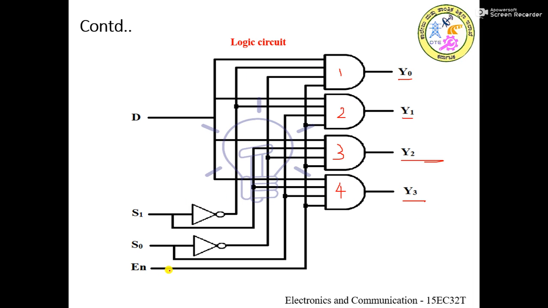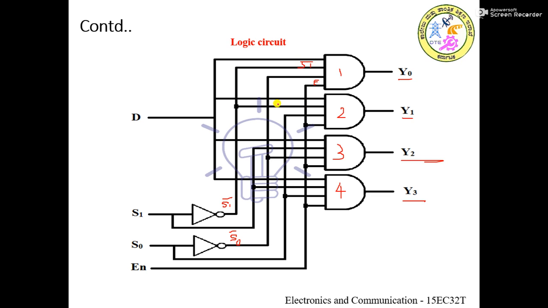E will go here, so this is the input E, and since this is a NOT gate here, this is S1 bar and this is S0 bar. S1 bar is another input here, so this is S1 bar.